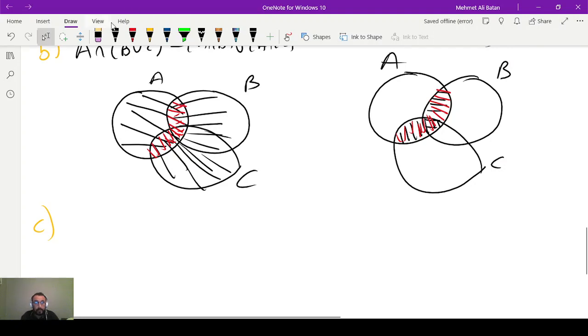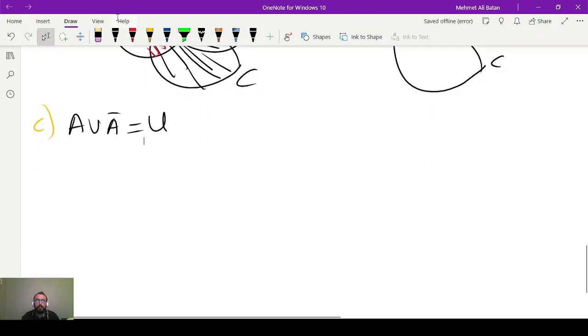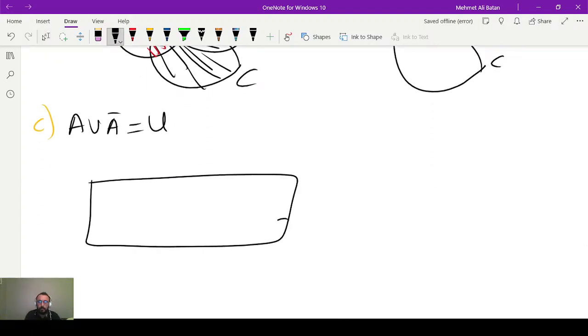Part C: A union A complement, which is equal to the universal set U, is also very easy. Let me sketch the universal set U, and let's say this is A. A is here, and A complement is here.